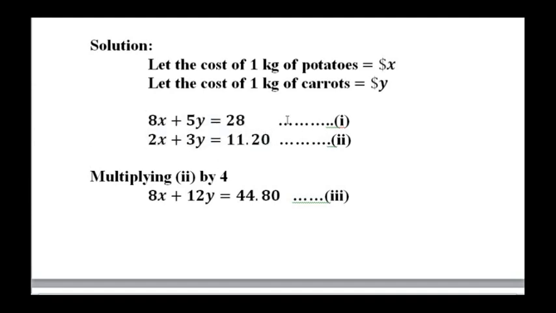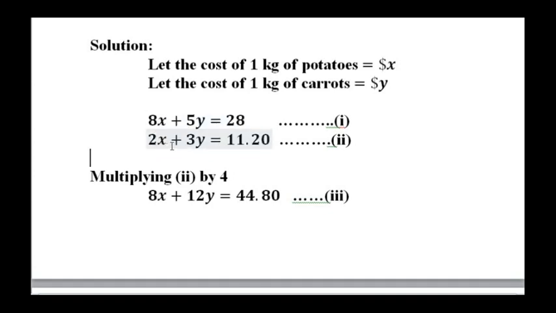To solve this system of linear equations, we need to eliminate either x or y. However, both variables have different coefficients. We can only eliminate a variable when they have the same coefficients. To make their coefficients the same, I'll multiply equation 2 by 4 to make the coefficients of the variable x the same in both equations.